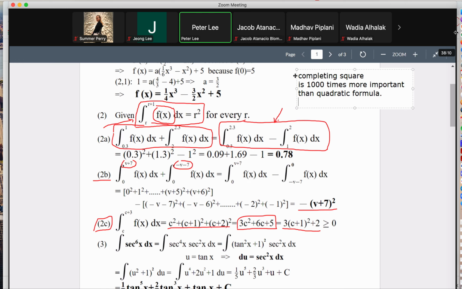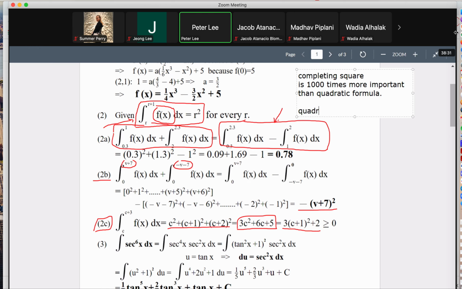In school, I think they stress the quadratic formula so much. Unfortunately, students learn the quadratic formula. By the way, the quadratic formula is proven by completing the square, in case you didn't know.